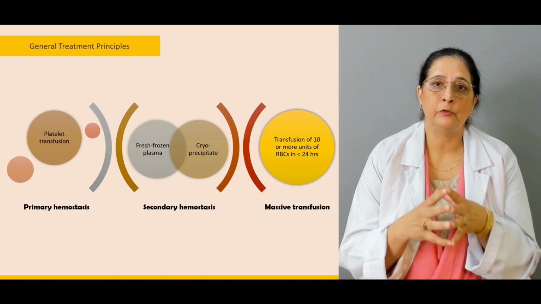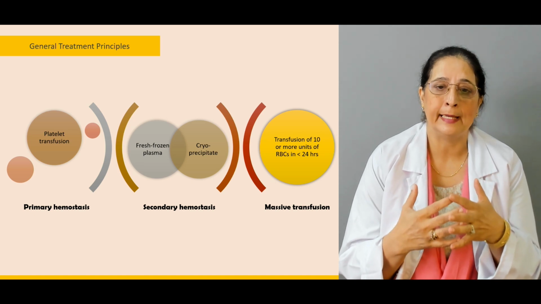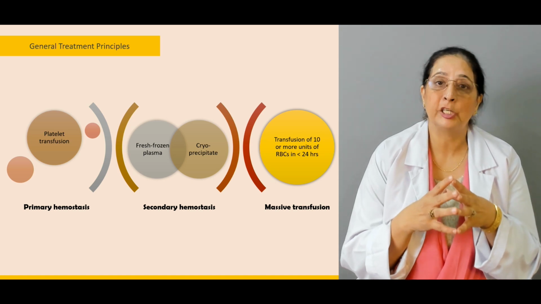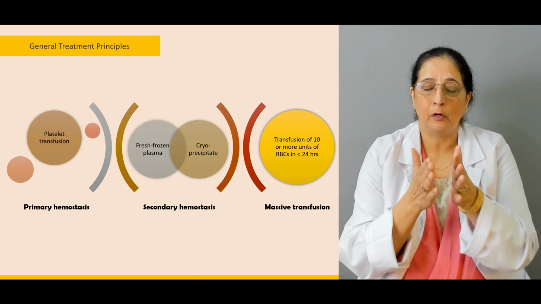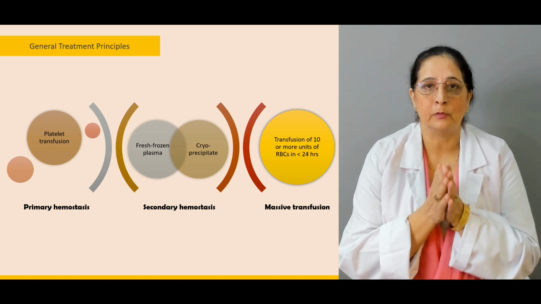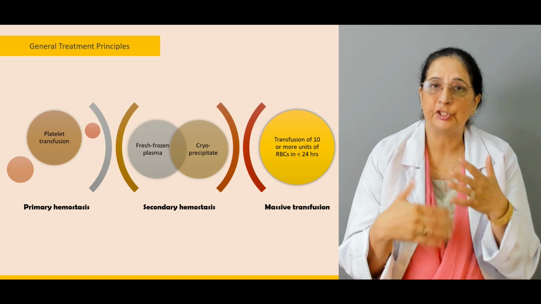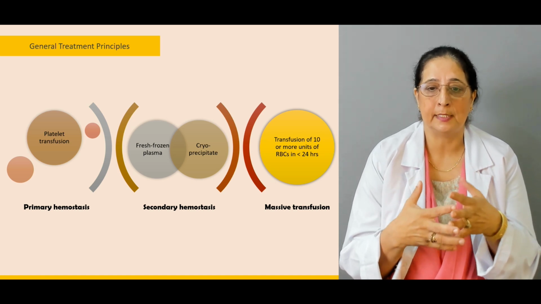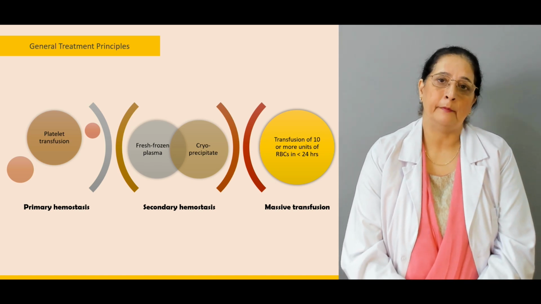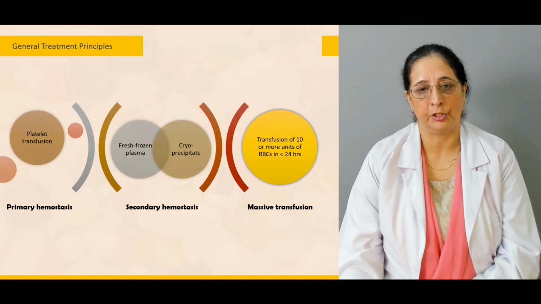So primary hemostasis is treated by the transfusion of platelets. Then secondary hemostasis is treated by fresh frozen plasma, because this is mainly by the coagulation cascade. So plasma transfusion will give the deficient factors which are missing, and then also cryoprecipitate, and blood transfusion is also required in massive hemorrhages.